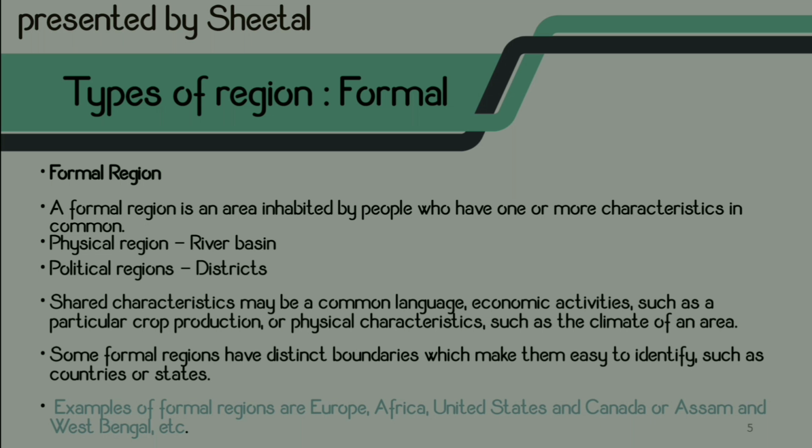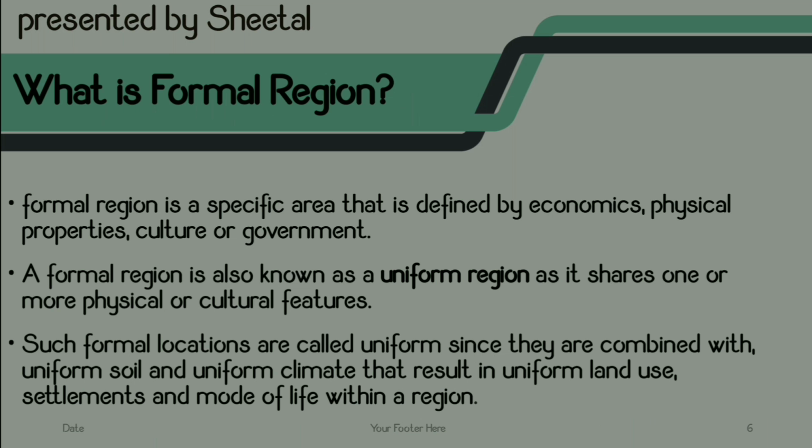Next is Assam and West Bengal, which belong to India. In West Bengal, for example, all the Bengali people follow the same type of language, the lifestyle, the food style, everything is the same. When you see this type of common characteristics, then we call it a formal region.